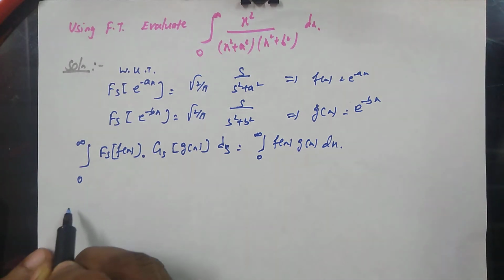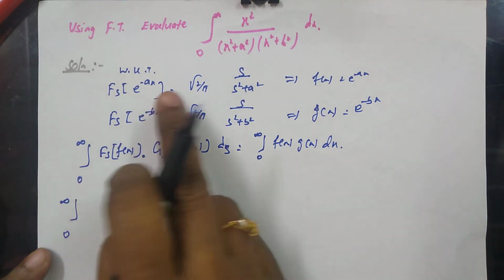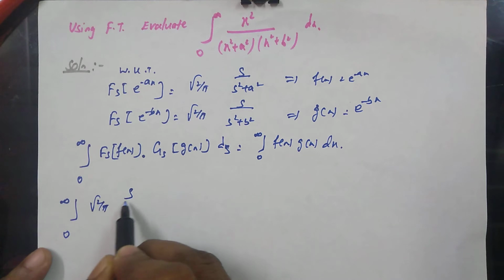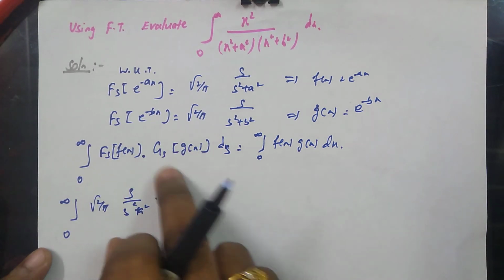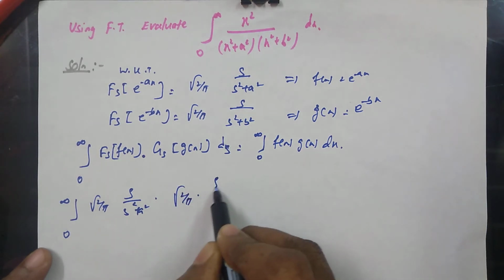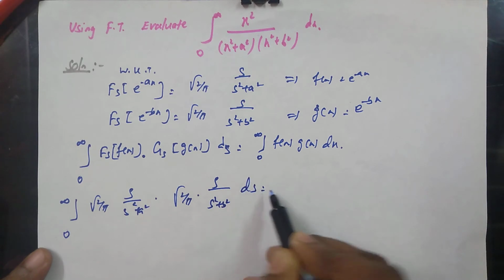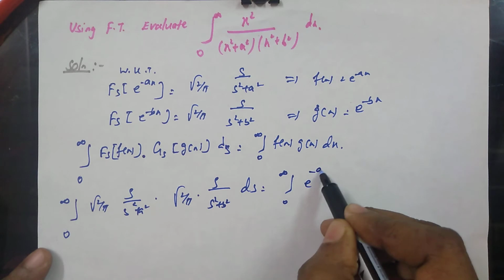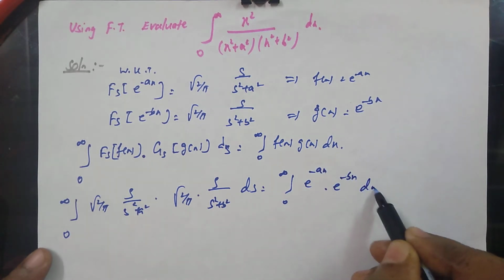Which implies integral 0 to infinity of root of 2 by pi s by (s square plus a square) into root of 2 by pi s by (s square plus b square) ds equals integral 0 to infinity of e power minus ax into e power minus bx dx.